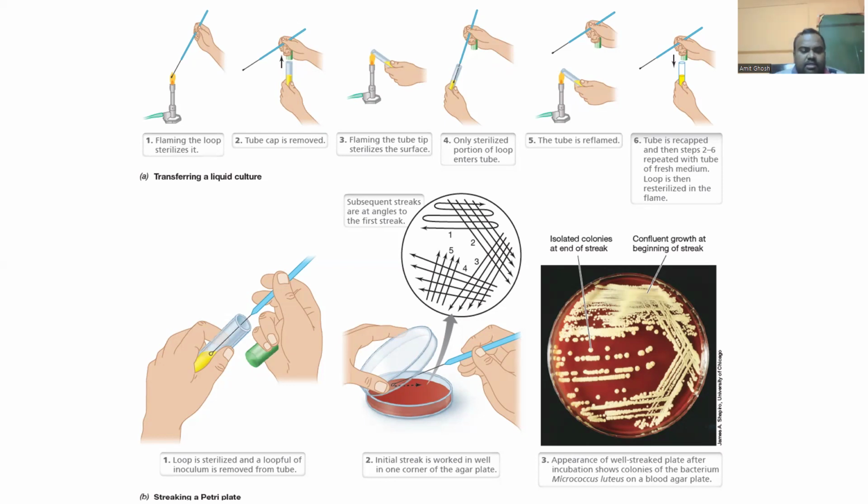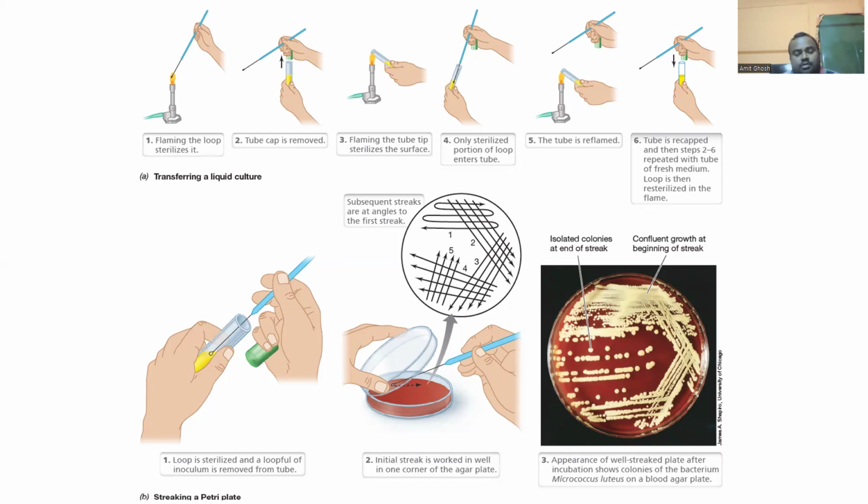And the lower panel is streaking a petri plate. Here also three steps are defined. As we already learned in the upper panel how you can transfer a liquid culture, the first step here is the loop is sterilized and a loopful of inoculum is removed from the tube.